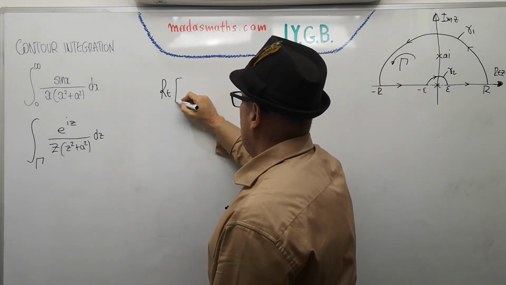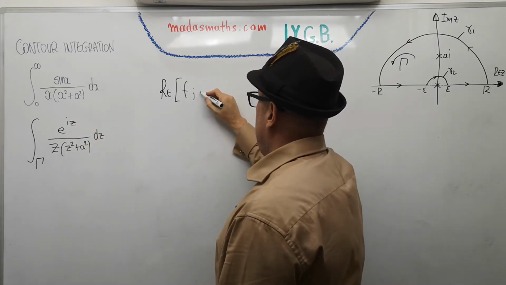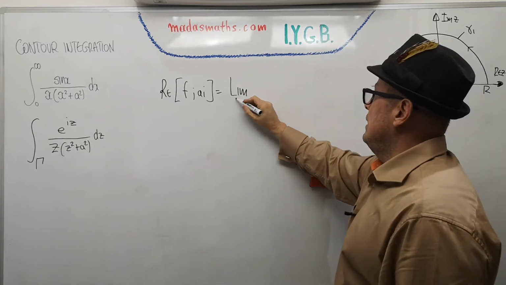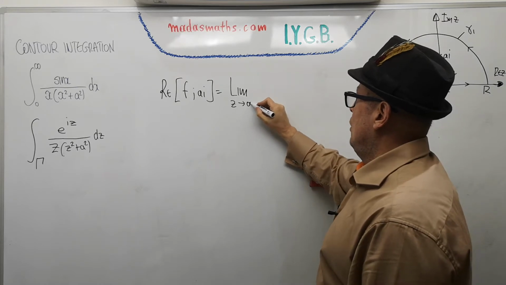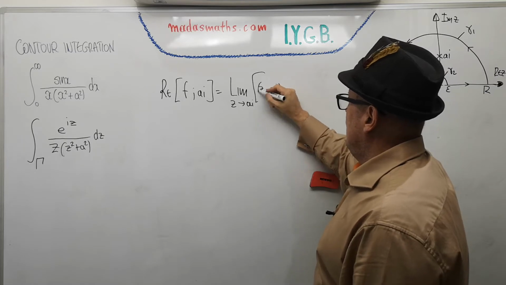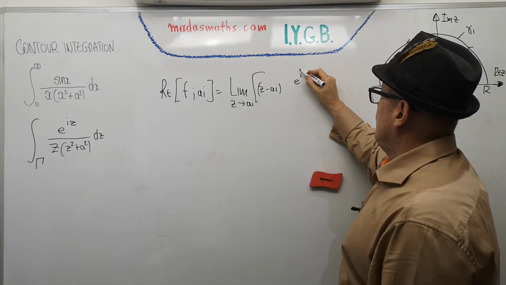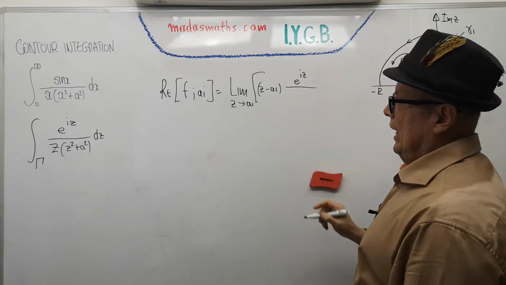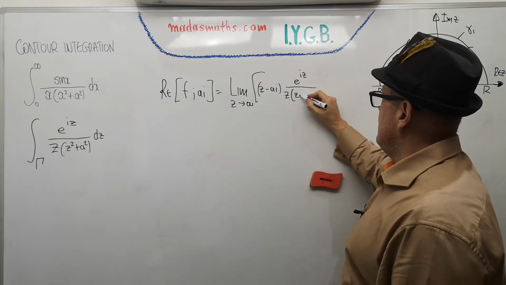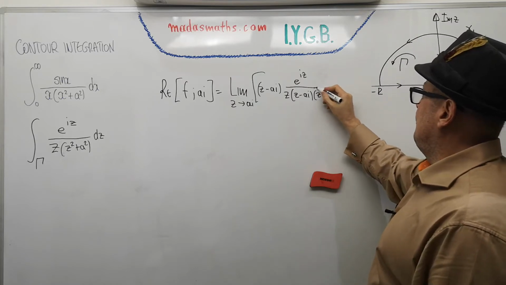So the residue of my f, where f of z is all of this thing here, at ai, using the standard formula, is the limit as z tends to ai of z minus ai times f of z. So I'm going to write it in factorized form: e to the i z, and we have the z, of course, at the bottom left, but we're going to write it as z minus ai times z plus ai.